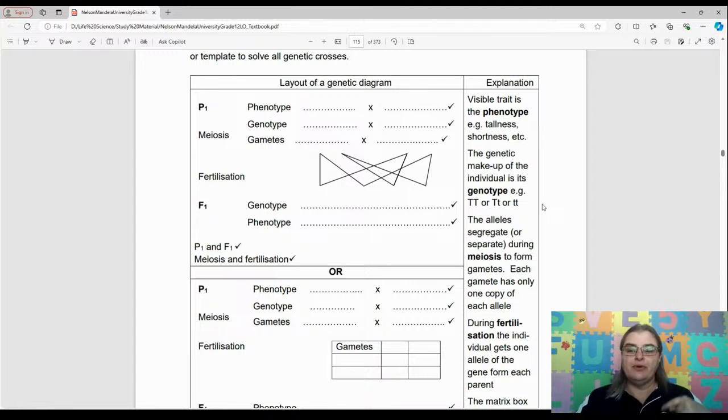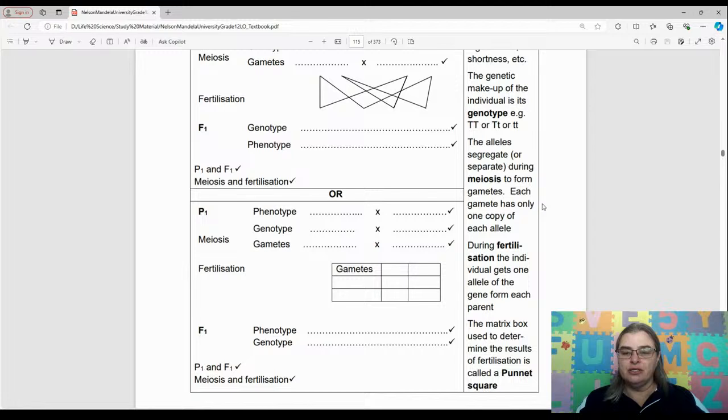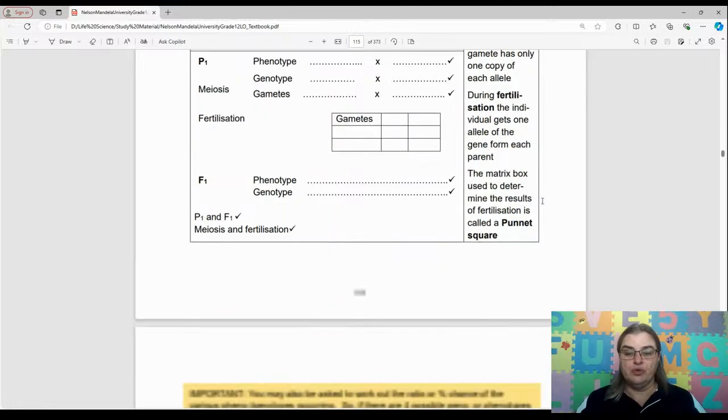The alleles separate during meiosis to form gametes, and each gamete has only one copy. So it's either going to have the capital T or the small t standing alone, okay? During fertilization, the individual resulting is going to get one allele of the gene from each parent. And that's how we see the crosses starting to happen. Okay, so we'll move on now.